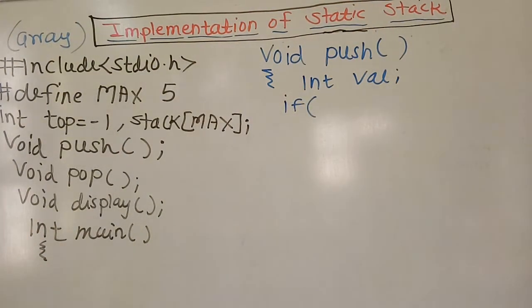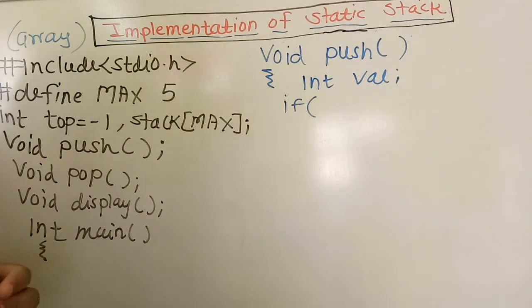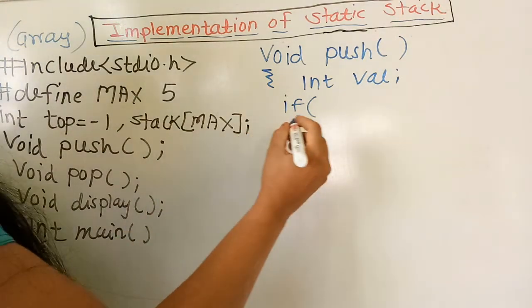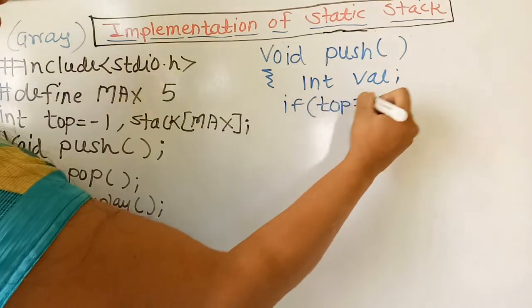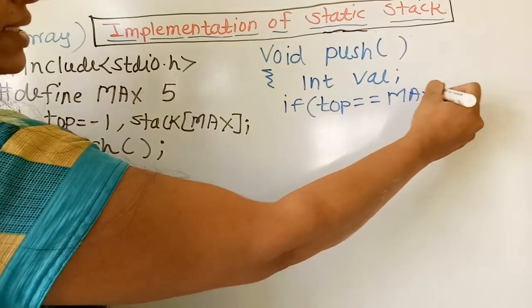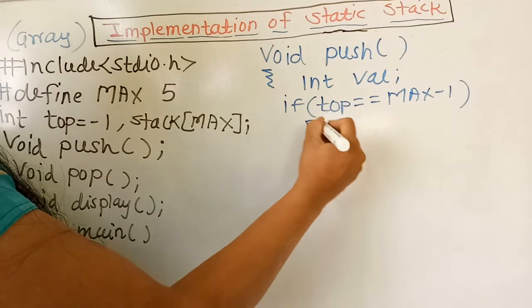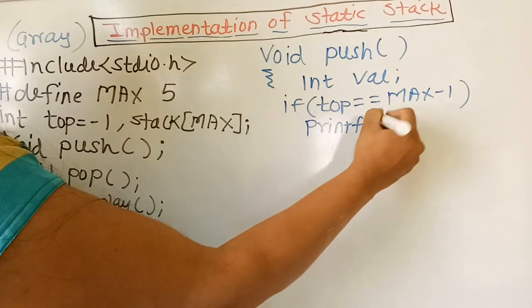If top is equal to MAX minus 1, we all know that it indicates that the stack is full. To insert any new element, we first of all check the condition, that is if top is equal to MAX minus 1. If this condition is true, it indicates that your stack is full.